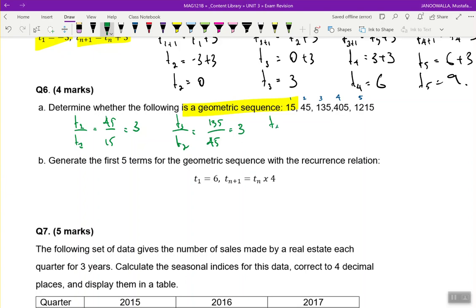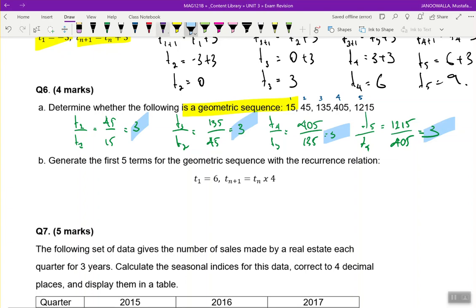Term 4 on term 3, 405 on 135, and that's also 3. And finally term 5 on term 4, which is 1215 on 405, and that's also 3. Because we have a common ratio of 3, this indeed is a geometric sequence.